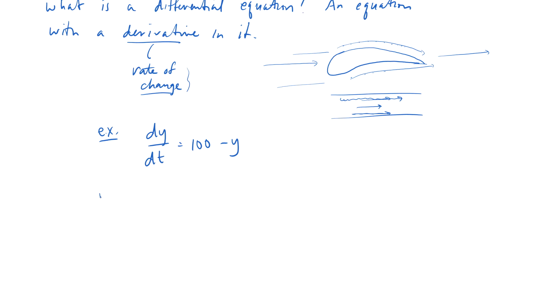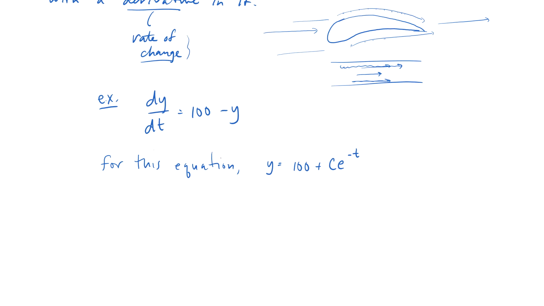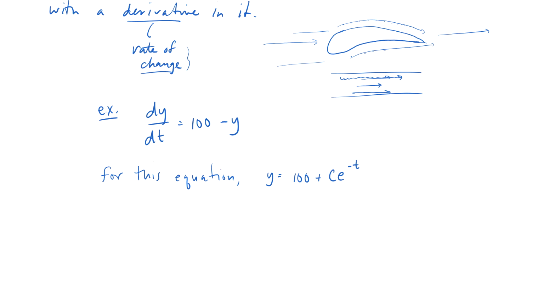In particular, for this equation, we have y equals 100 plus c e to the minus t. Again, how in the world do we get that? We're going to show you that later. This is just to give you a working understanding of differential equations at its most basic level, I suppose.